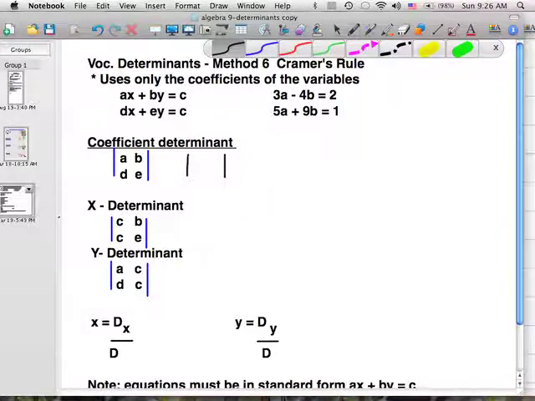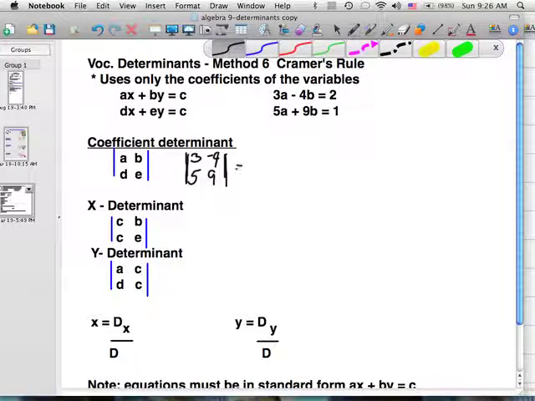So let's start with the coefficient determinant. The coefficients, we put them in the order that they appear: 3, -4, 5, and 9. And when we find a determinant, it's like cross products.